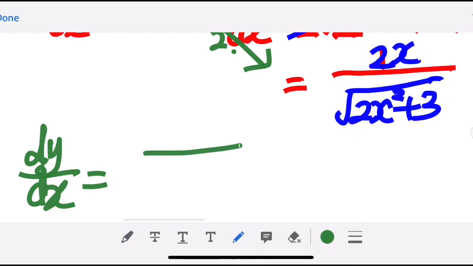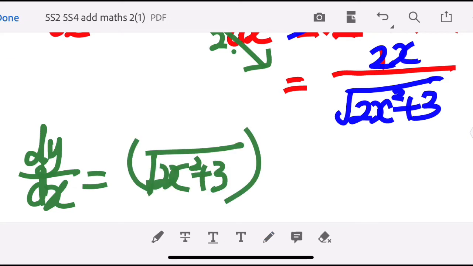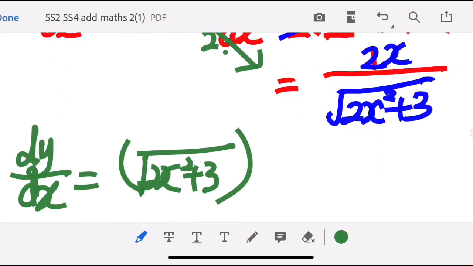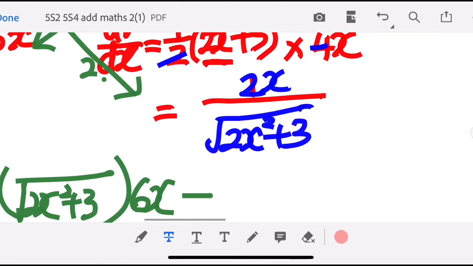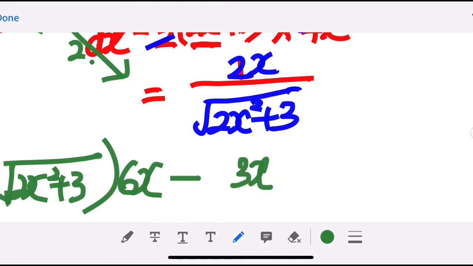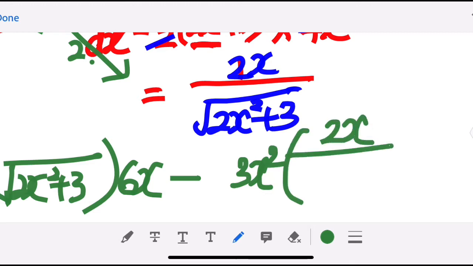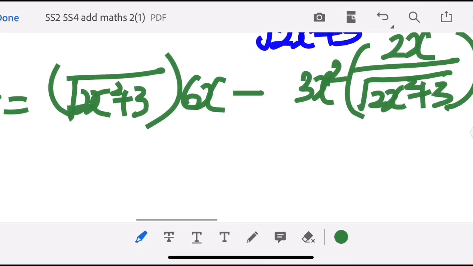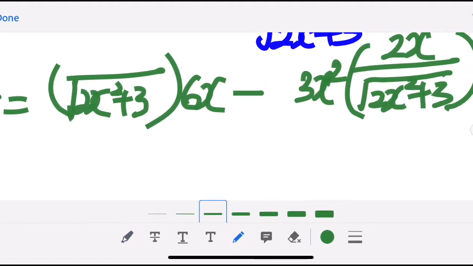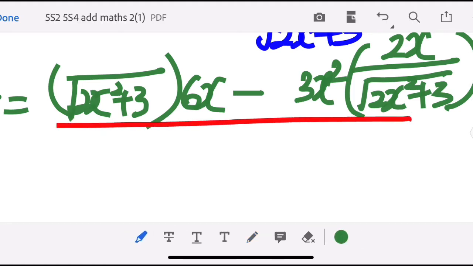So we write v, and then du dx, just now we have du dx is 6x, right? Minus, remember, u is 3x squared, and then we are going to multiply with 2x over square root of 2x squared plus 3, right? So that is how you simplify, and over the v squared. Let's do it carefully. Over the v squared.